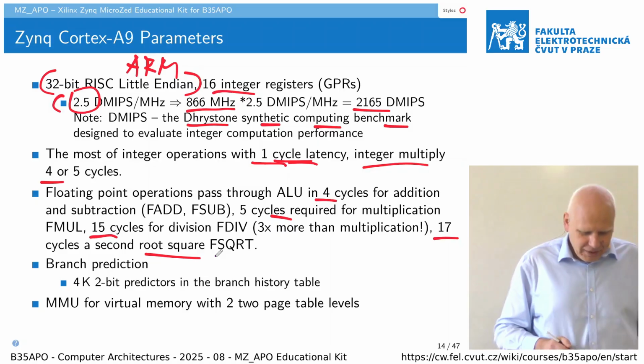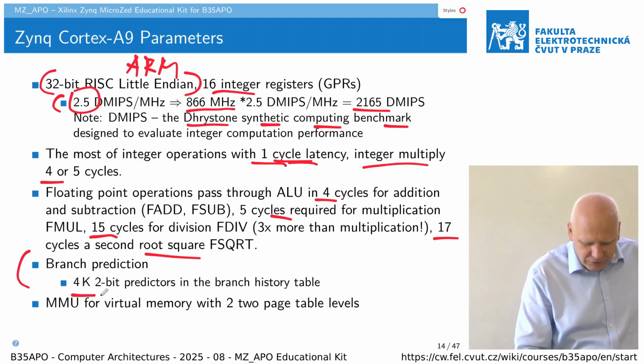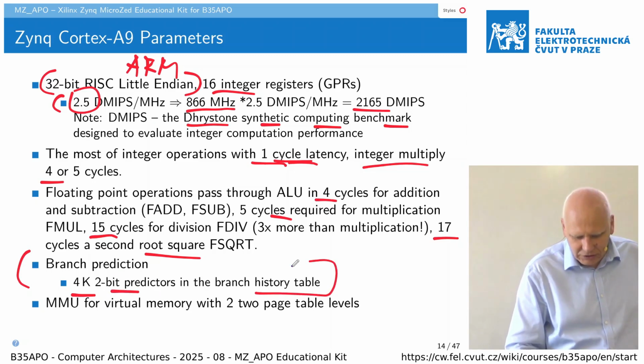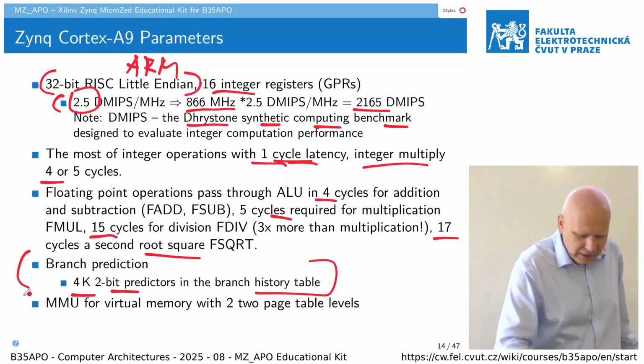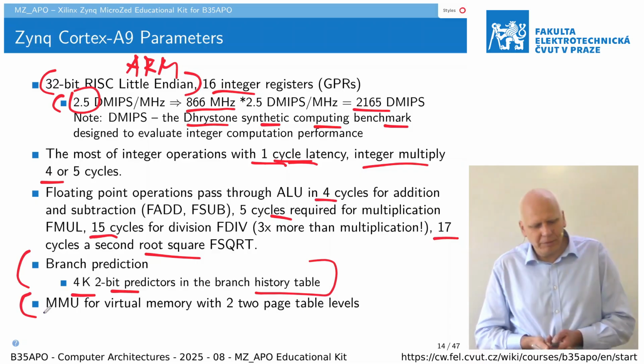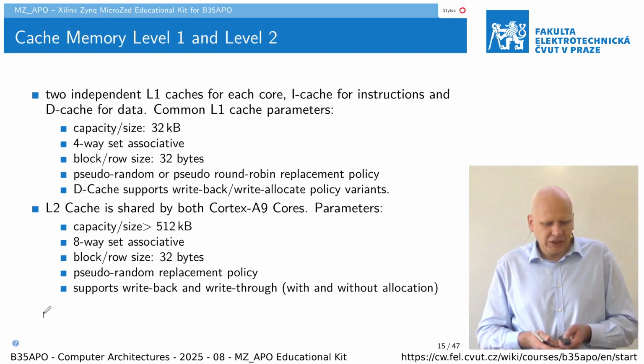Okay, we have a branch predictor. It has 4,000 2-bit predictors in the branch history table, which is something standard, and we have a memory management unit with a 2-level page table.